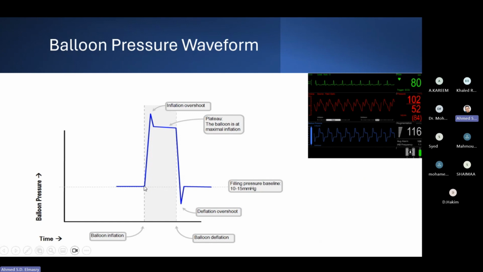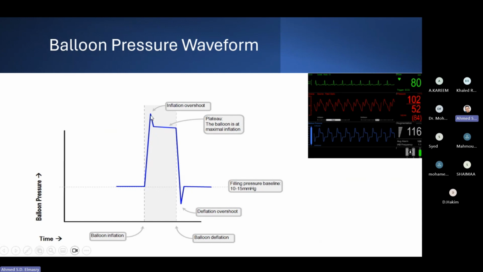This is the baseline, and when the balloon starts the inflation, this is the point of the start of inflation, you will get the inflation limb. Then the inflation limb will reach the peak here, which is called the inflation overshoot. After that, it will be transient, of very short duration. Then you will reach the drop to the plateau.